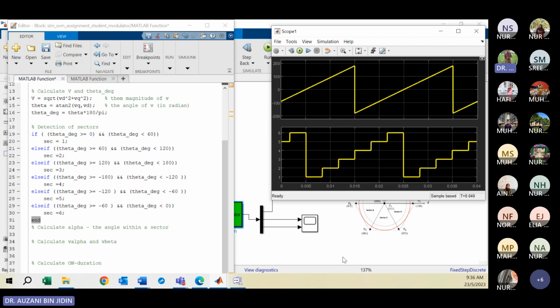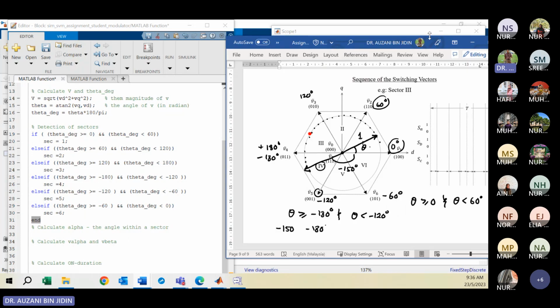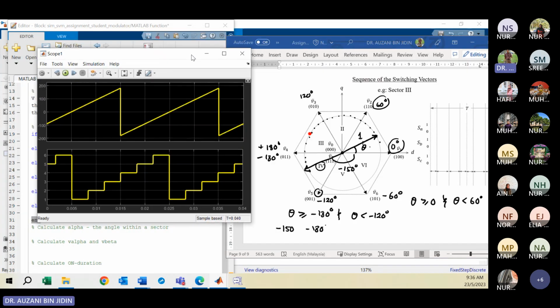Here, minus 5, right? Go to minus, maybe under 120. So this will be sector 4. So you can refer from the diagram as we show. Okay, boleh sikit lagi. Okay, please compare your output, your simulation result with this diagram. Nampak?